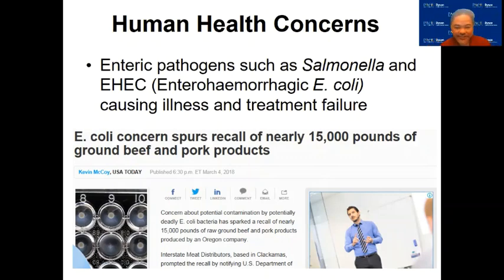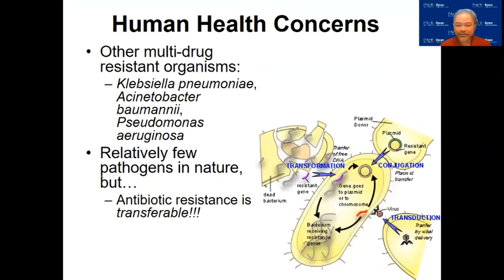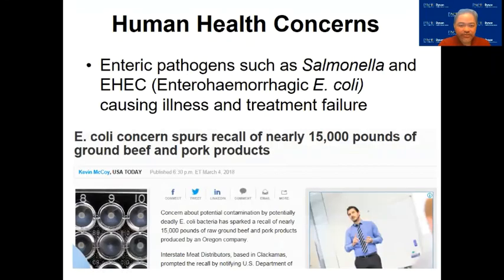They cause disease and treatment failure. Here in the US, we always have news where products are recalled because of E. coli or Salmonella contamination. Just like this one, 15,000 pounds of raw ground beef and pork products produced by an Oregon company were recalled because of the presence of Salmonella and E. coli.